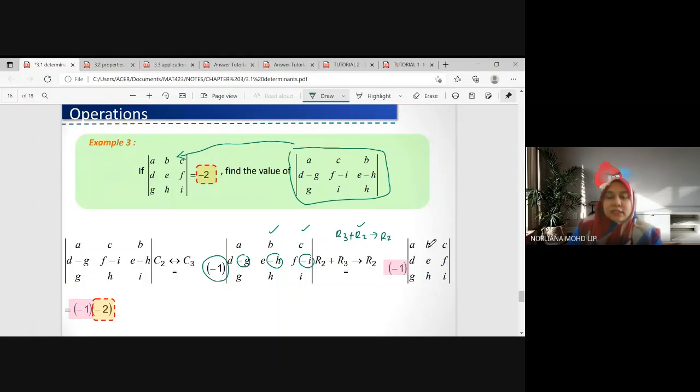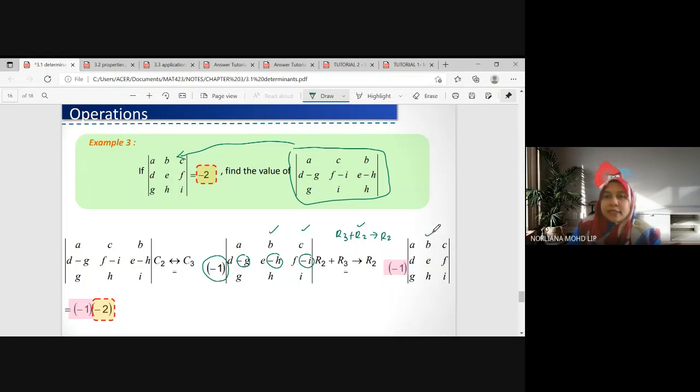So, kekal je lah. Just ubah je lah operation dalam ni. So, A, B, C, G, H, I. Okay, ubah yang ni. R3 plus R2. So, R3 G plus D minus G is D. H plus E minus H is E. I plus F minus I, F.